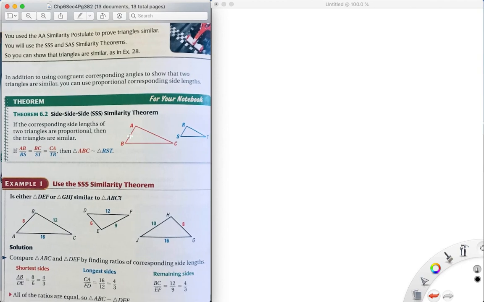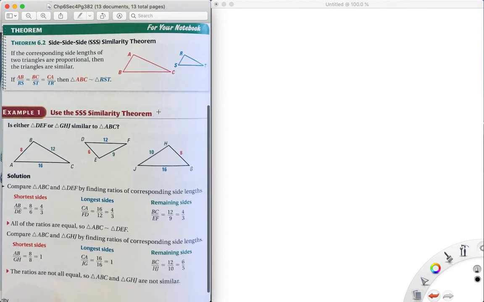The side, side, side similarity theorem says that if the corresponding side lengths of the two triangles are proportional, then the two triangles are similar. So what this means is that all the corresponding sides of the triangle are proportional to its corresponding other triangle. That's called side, side, side similarity.